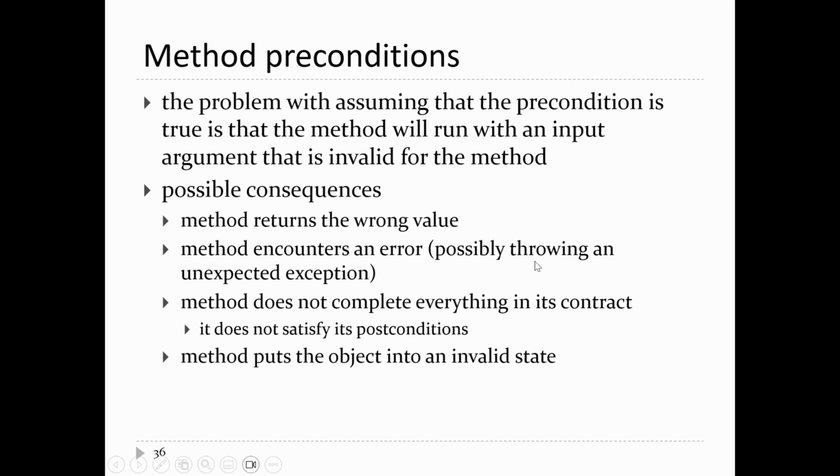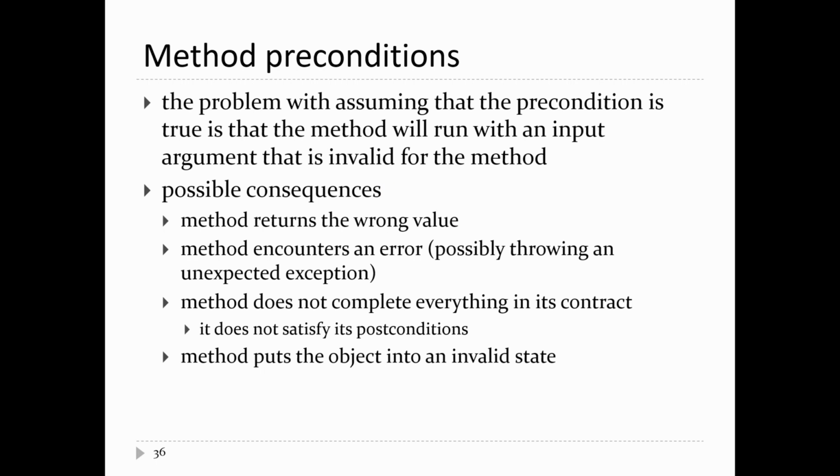Now, there is an issue with assuming that preconditions are true. As the implementer of the method, if you take this approach, there are all sorts of consequences. Mostly these consequences affect the caller or the user of your class. So what might happen? Well, your method might end up returning the wrong value.